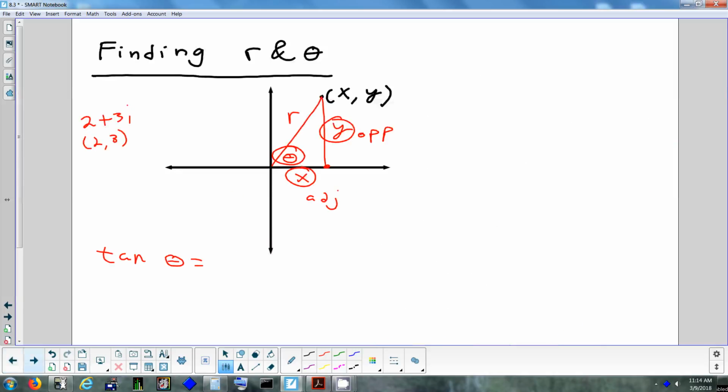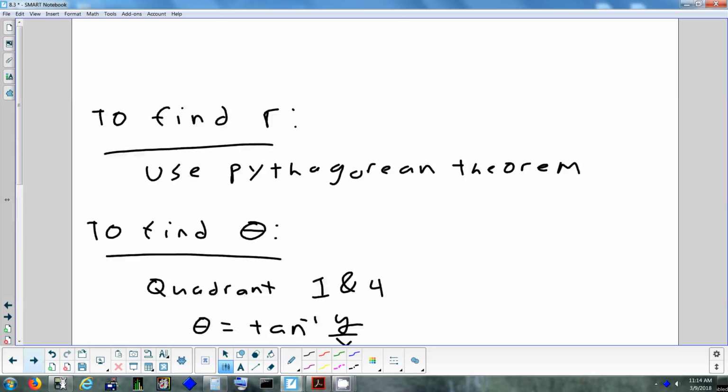So the tangent, we just said, is opposite over adjacent. You're going to know y and you're going to know x in a real problem. So tangent is opposite over adjacent. But that's not theta. That's tan theta. So how would we get rid of tan? We would use inverse tangent. Okay? So I'm going to write that out nicely for you on the next page.